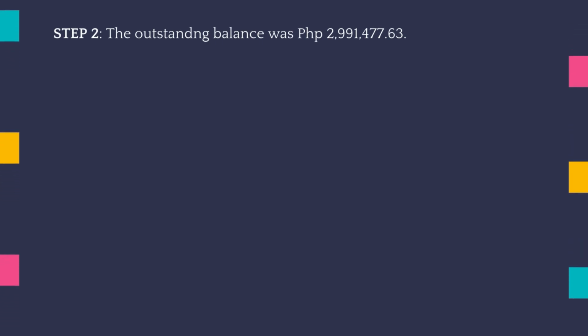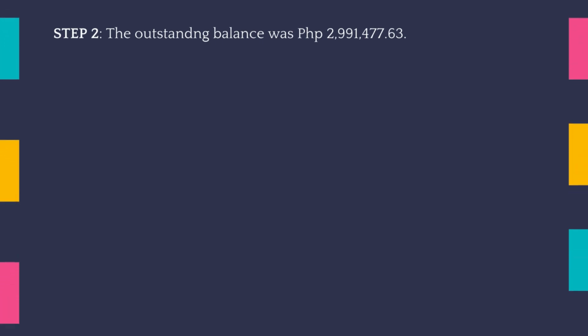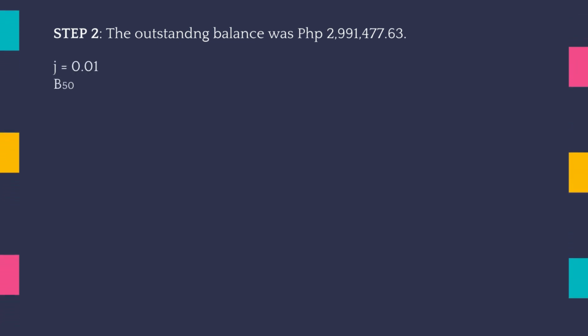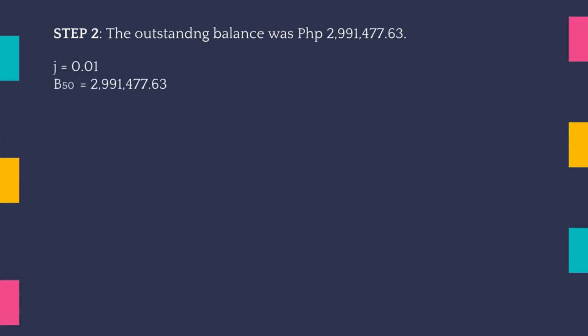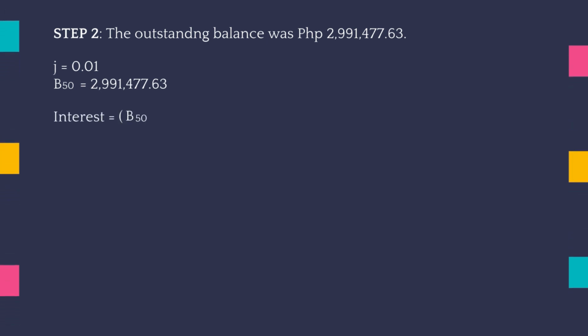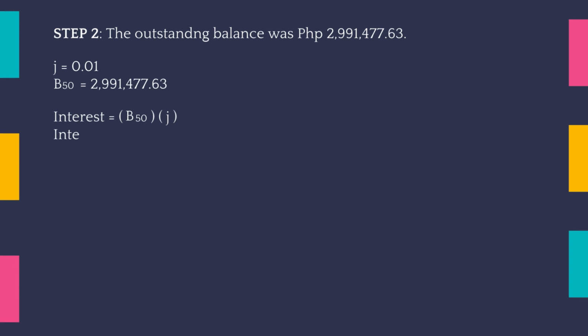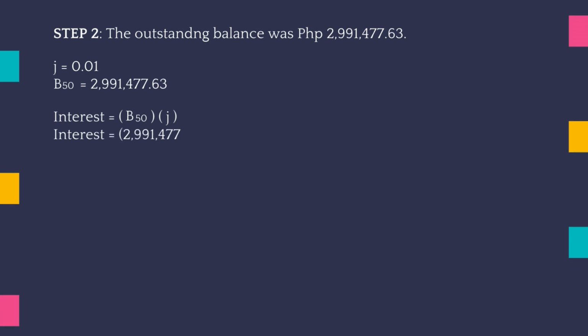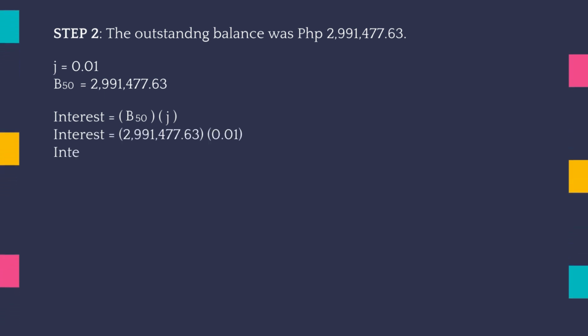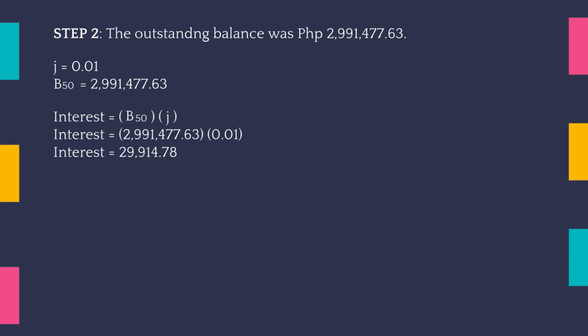After calculating the outstanding balance, we will now calculate the interest component by multiplying the outstanding balance after the 50th payment and the nominal rate. So interest is equal to B sub 50, which is 2,991,477.63, times the nominal rate, which is 0.01.